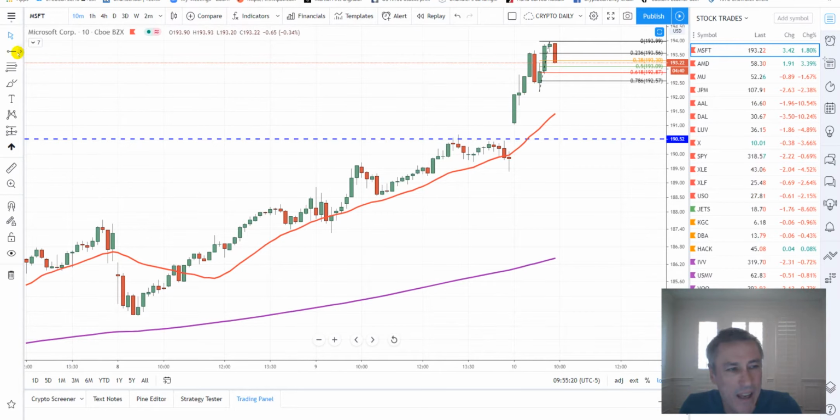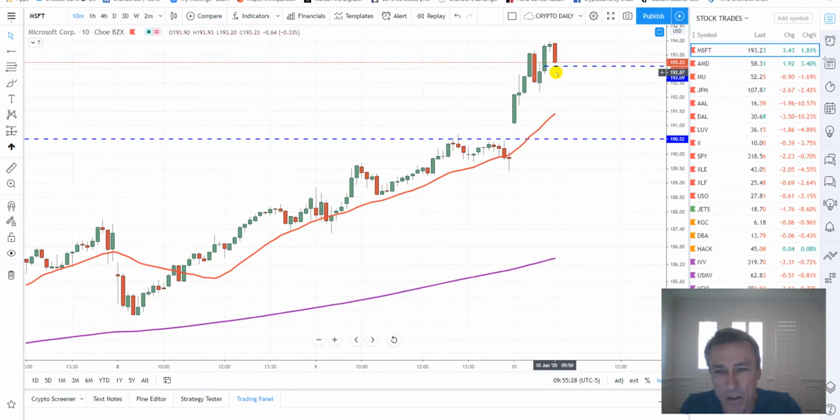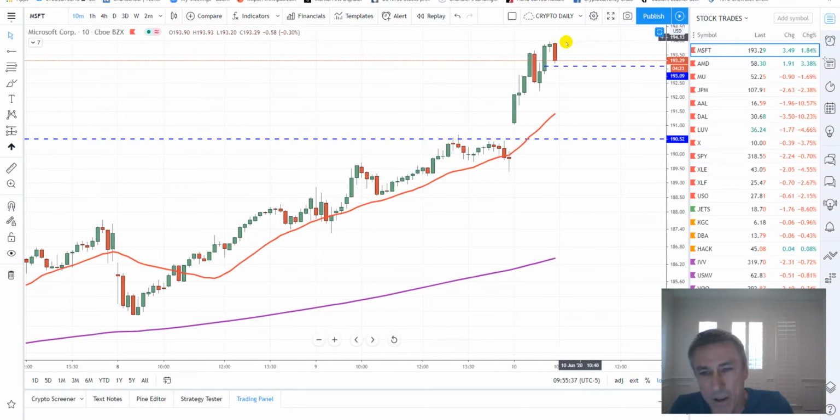I'm going to put a blue dash line here for reference. If we take out that 50% level here, that means we didn't make a higher high, higher low, and then go. We just came up, put in a higher high, and then tumbled back over.